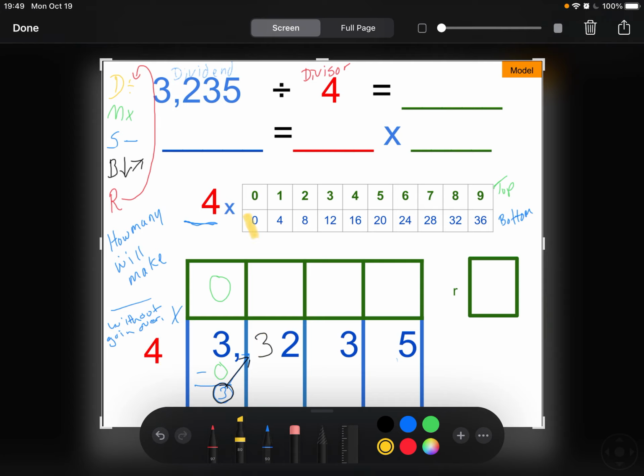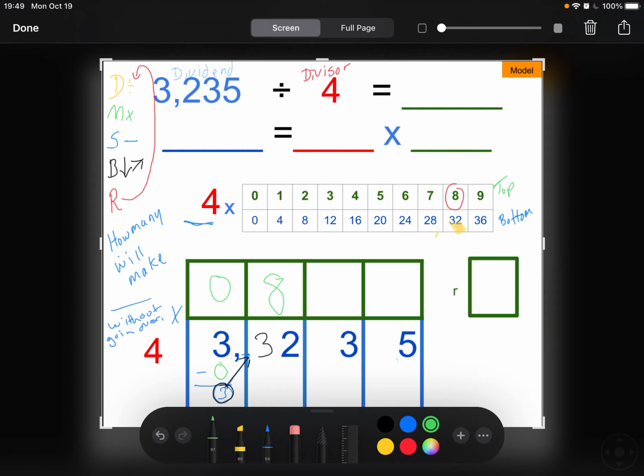I have 0 too small, 4 too small, 8 too small, 12, 16, 20, 24, 28, and there is 32 exactly. So how many 4s are going to make 32 without going over? Exactly 8. Okay. So I would place my 8 up here.